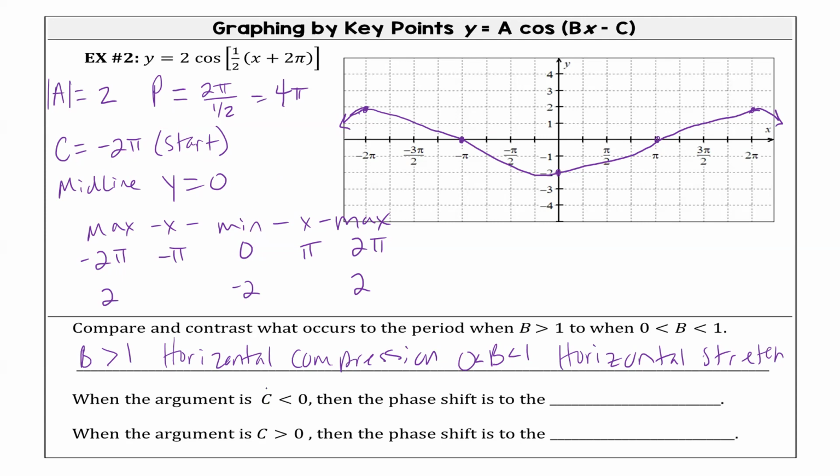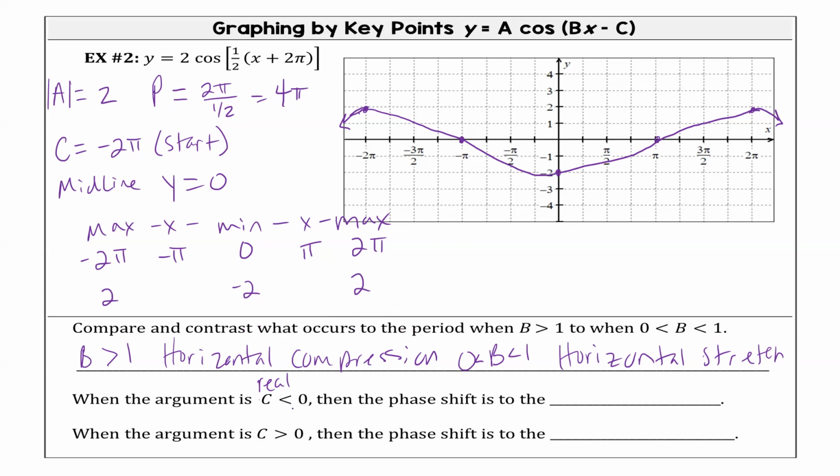All right. When your real C value, because remember X is a liar, is less than 0, meaning that's negative, what did our graph do? Let me reword that.